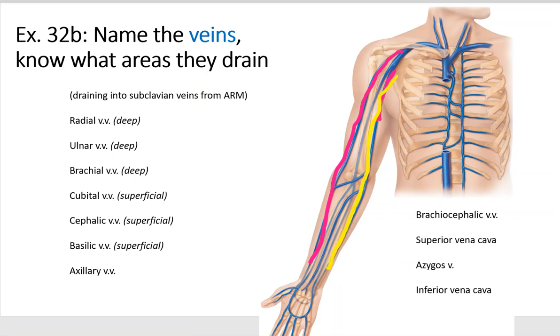And then in between those, there's going to be the median cubital. And they're going to feed into the axillary, which is in the armpit region. So this region right here. So this vein right there, axillary vein.